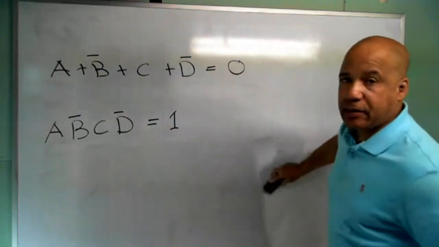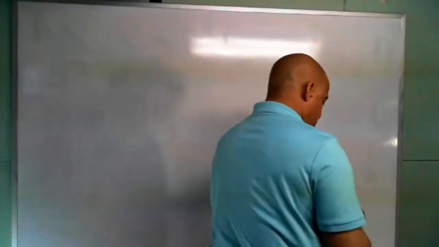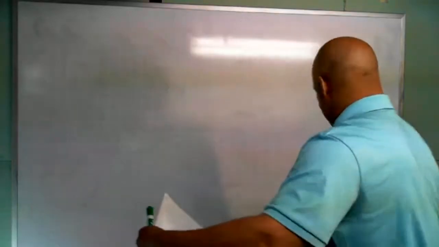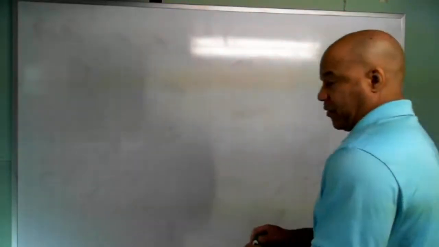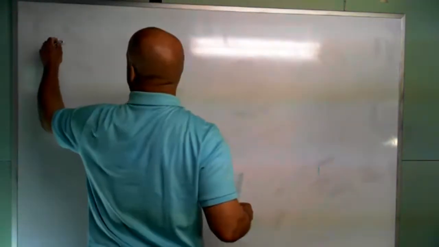They give you a standard SOP, and they want you to write the truth table for that standard SOP. So what they give you is this.